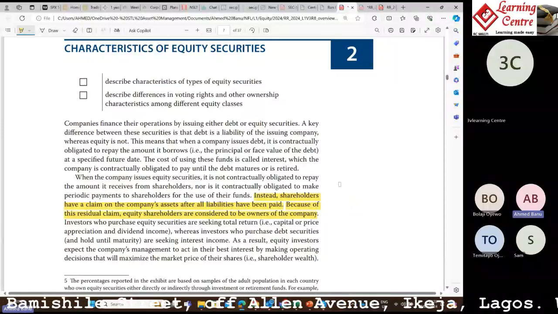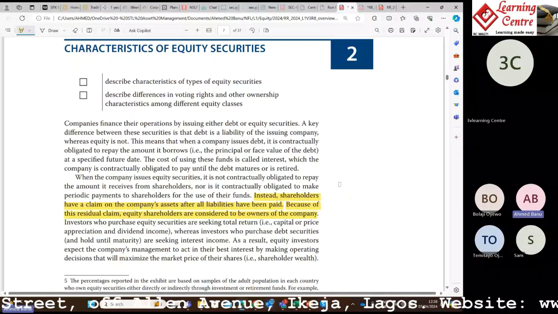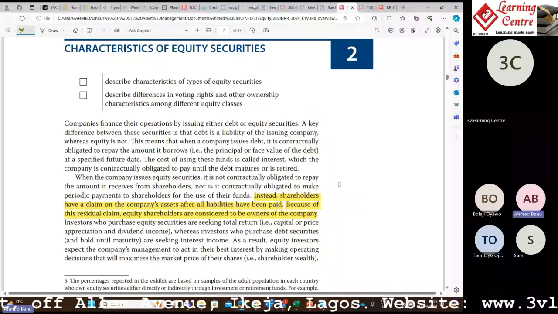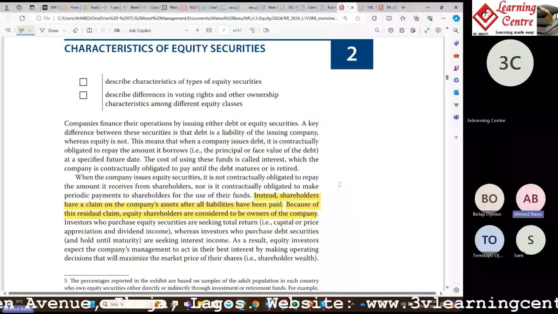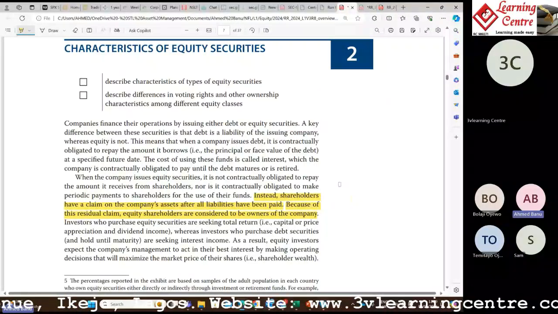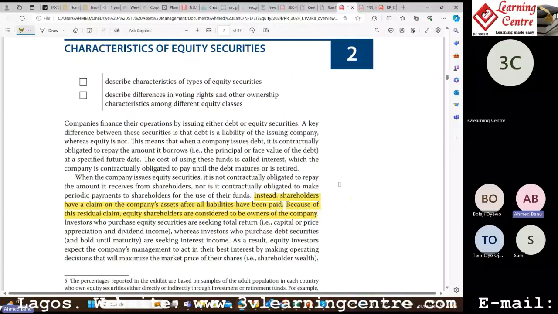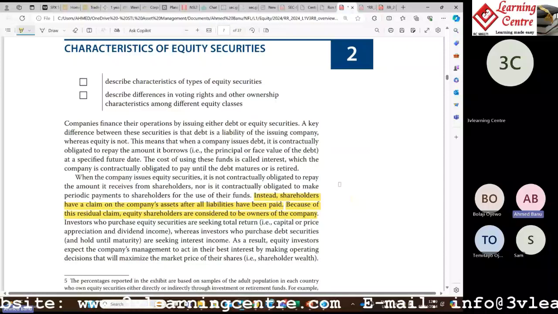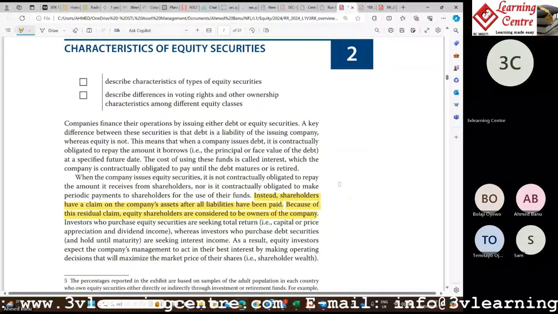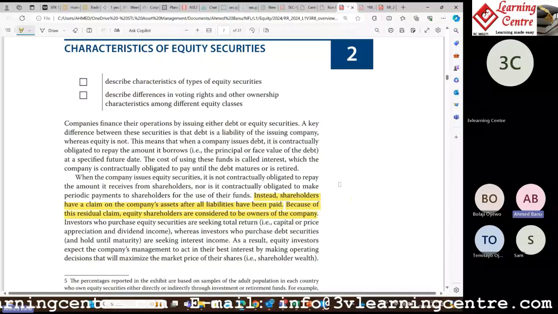So if I am the owner of a company and there's a bankruptcy and liability needs to be paid, and the value of the equity is, say, 20 million, and the value of the liability is, say, 40 million, there's a possibility I might lose my equity stake. But there will be no claim on my personal wealth. It's just for the stake that I have in the business.